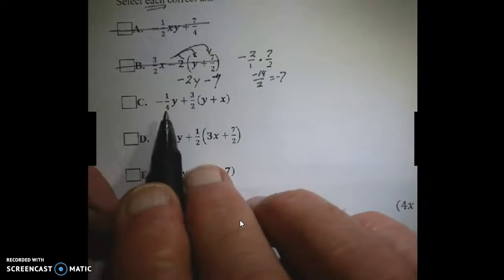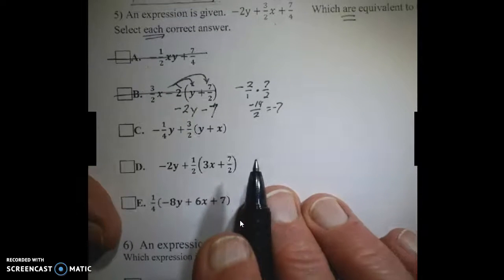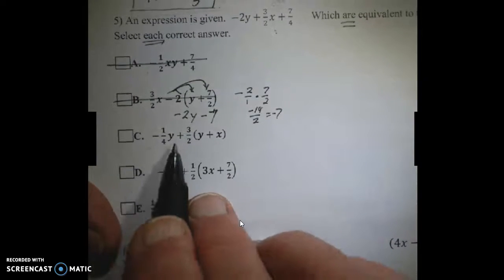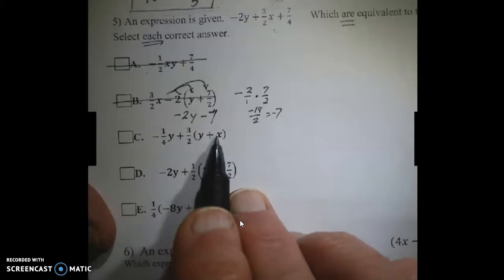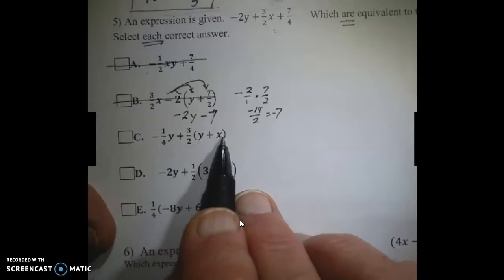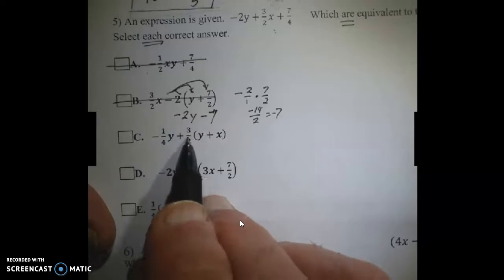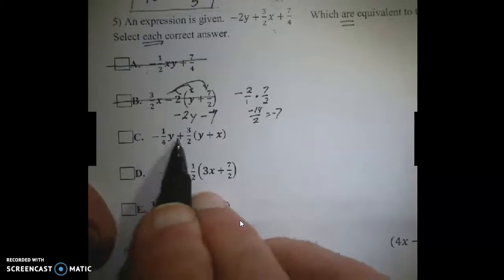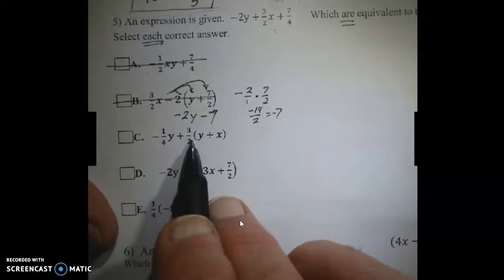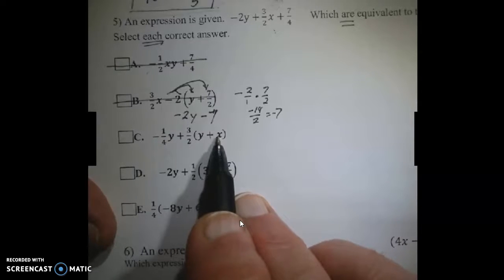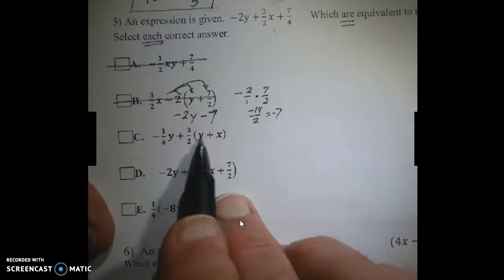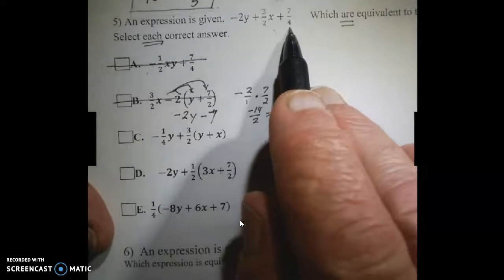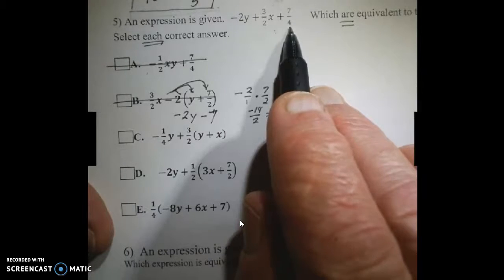Answer C, minus 1/4 y. Oh, we've got a y over here. We also have an x. We're going to multiply this and get a y value, which we could combine with that. We could multiply this times the x and we'll get an x value. There is nothing in here that is going to give us that 7 fourths.